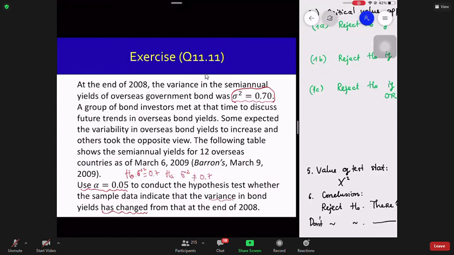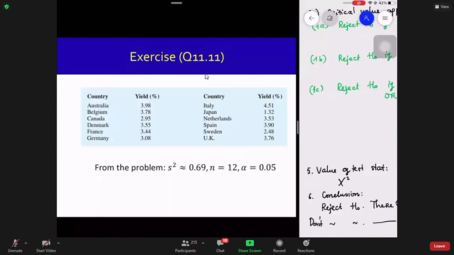We'll just replace it with the equality sign here. And from the problem here, we calculate the value of S squared to be equal to 0.69. The sample size is 12 and n4 here is 0.05.